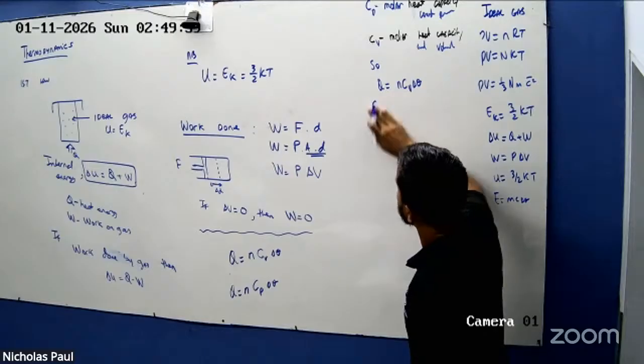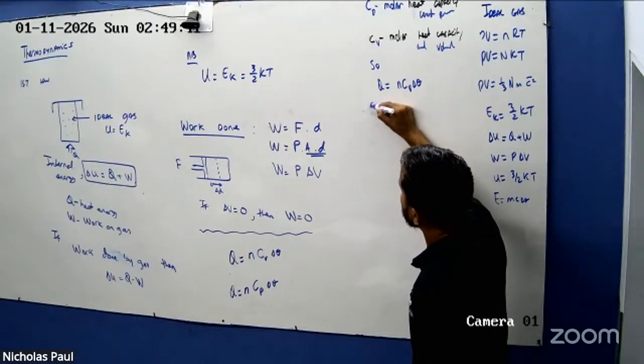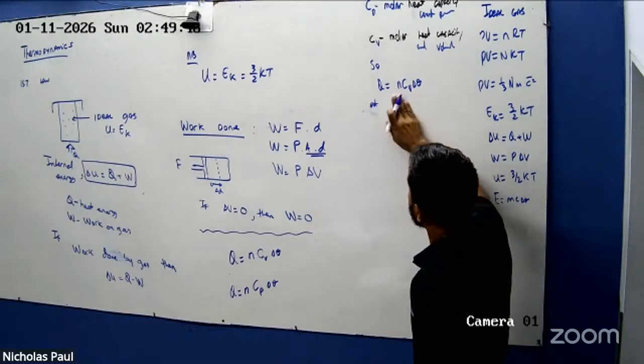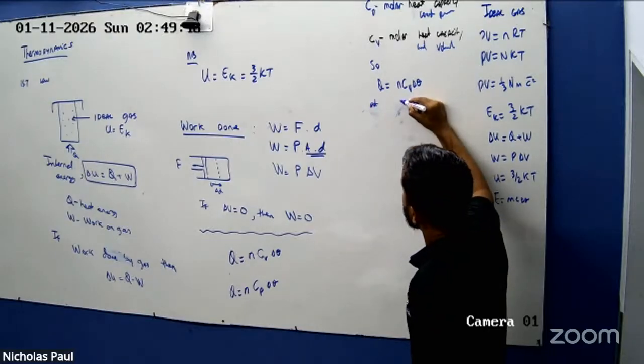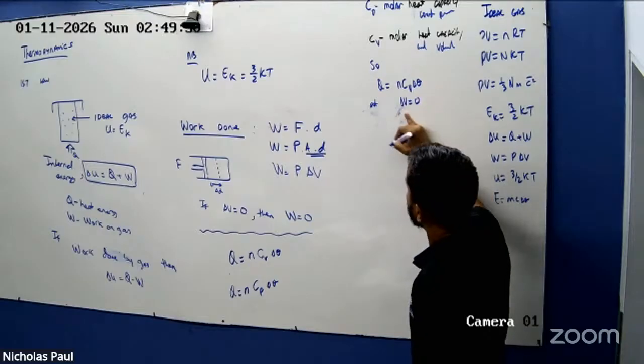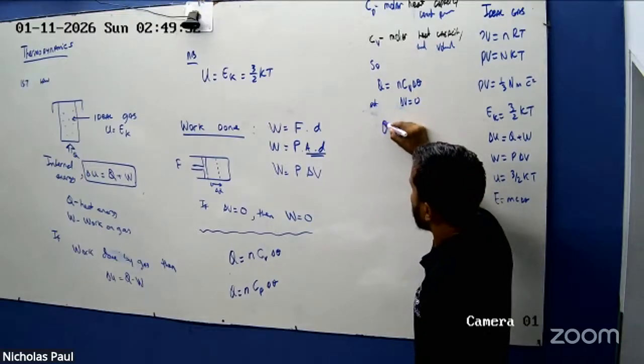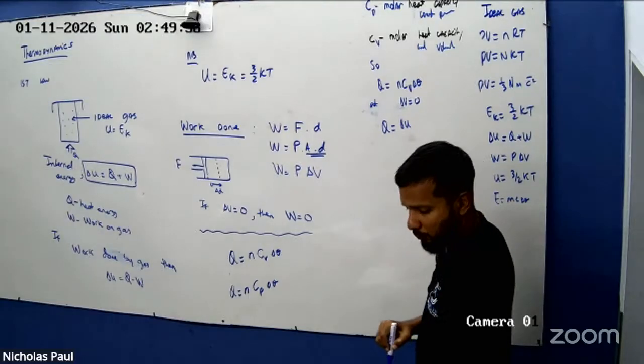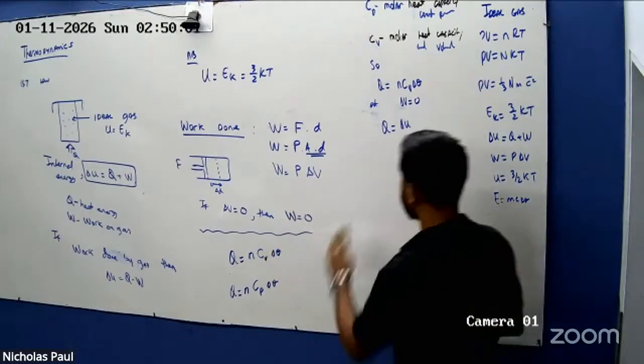At constant volume, the change in volume is 0. What do we know? We know that Q will be equal to delta U. Let me make a full sum, so I'm trying to save my mark.